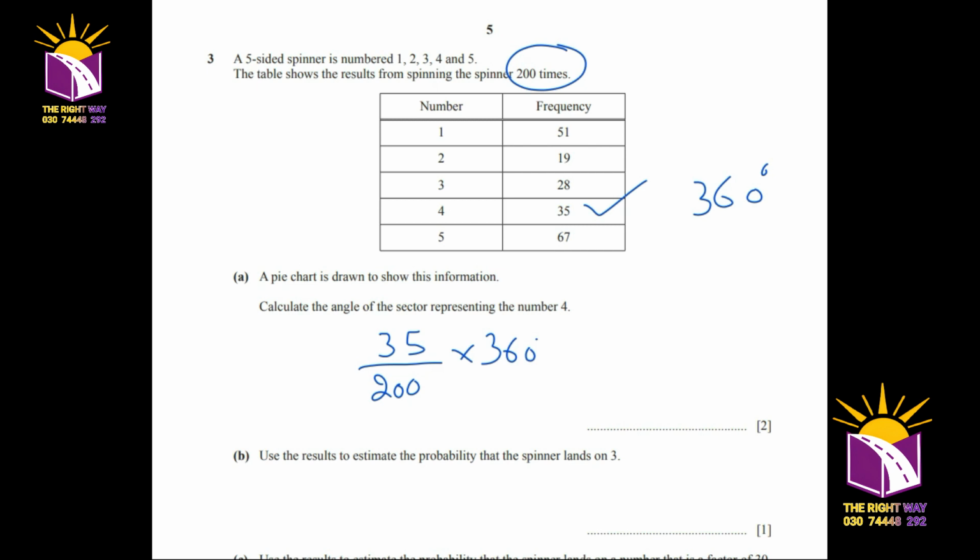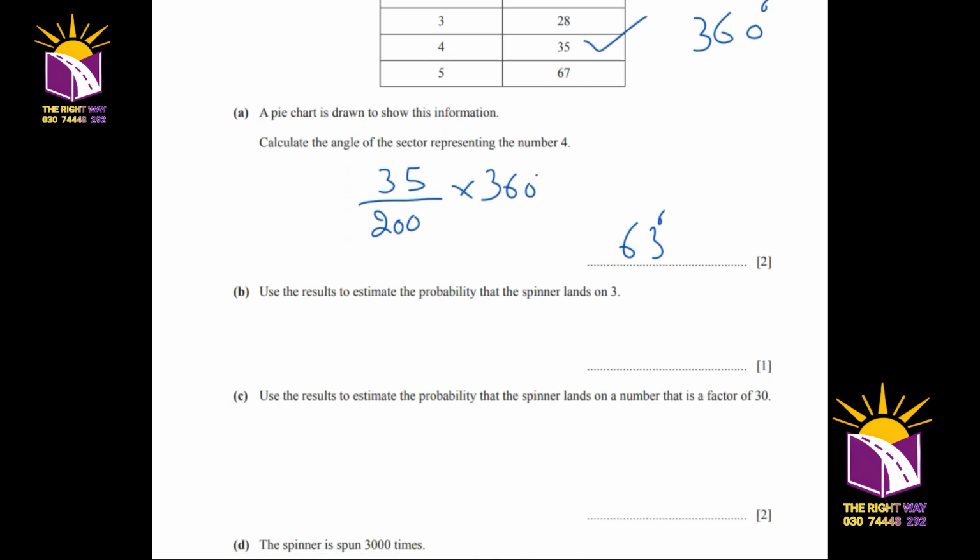I will get my desired angle. 35 divided by 200 multiplied by 360 will be equal to 63 degrees. So it will be 63 degrees.